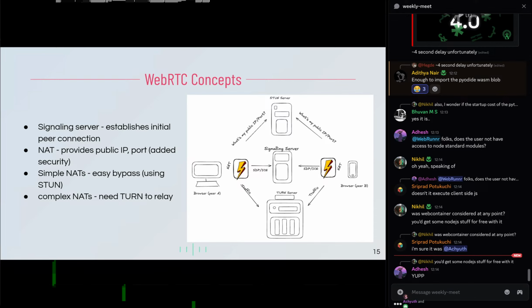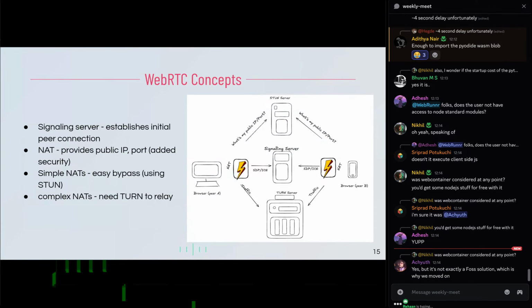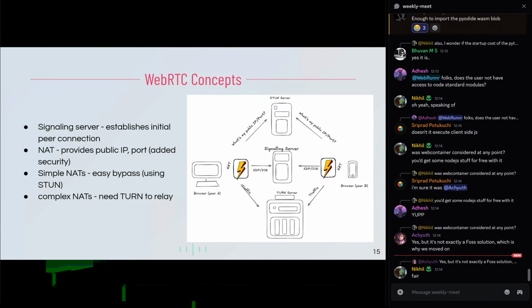Okay, so now that we have familiarized ourselves with the terminologies, let's see exactly how WebRTC works. Let's say you have two peers, peer A and peer B, and these two want to form a peer-to-peer connection with each other. As we have seen before, initially it would require a signaling server.